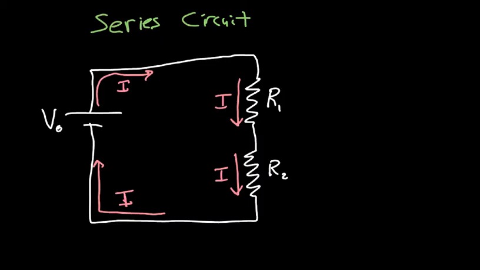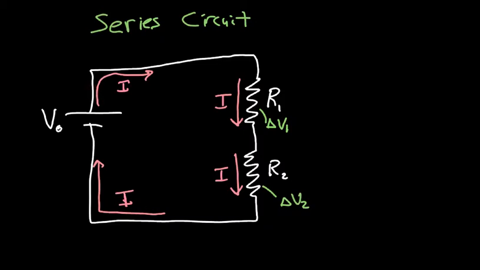Now we also know here that our voltage is going to drop as it goes through each resistor. I'll just think of this as delta V1, how much the voltage drops here, and this one will be delta V2. And then if I followed a charge all the way around here, we have a drop of delta V1 and then a drop of delta V2, and then we go back to this battery and it takes us up by V0.